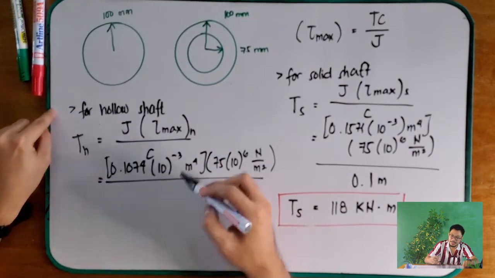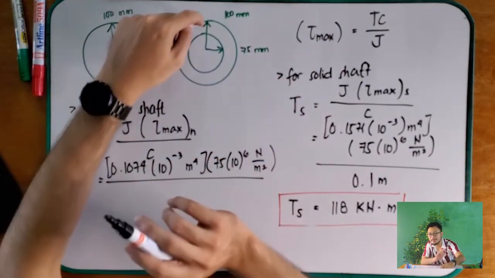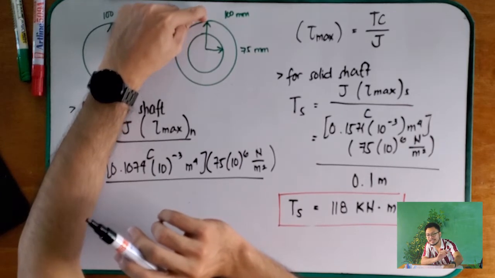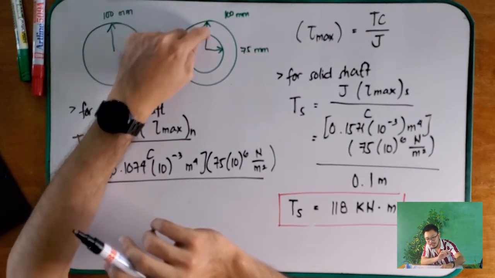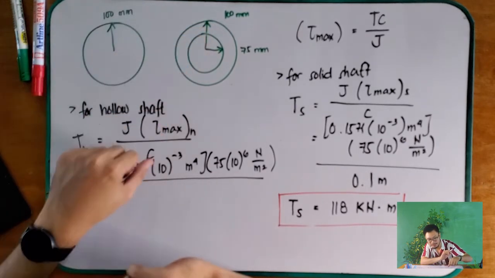Ngano ang 100 man gyapon gamiton? Kay mao man ni siya ang maximum. Diha nimo malocate ang maximum nga shear stress. Pero kung kani ang imong ganahan pangitaon, then 75 ang imong butang.